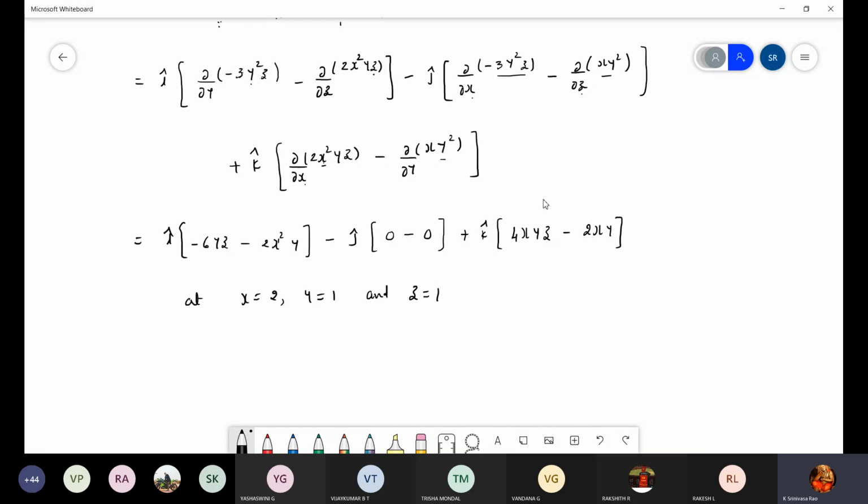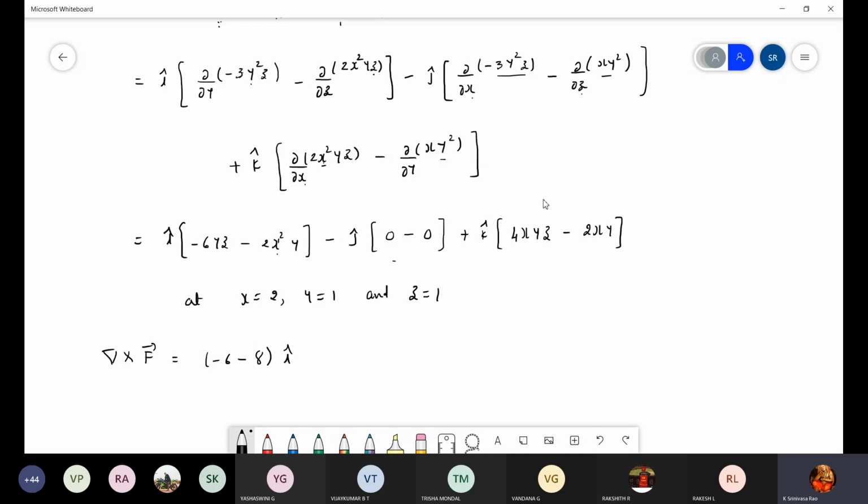So substitute, what is curl f? Curl f equals, what will you get for the first one? Minus 6 into yz is minus 6, minus x square is 4, 4 into 2 is 8, 8 into 1 is 8, so minus 14 i cap. This is 0, no need to write j.